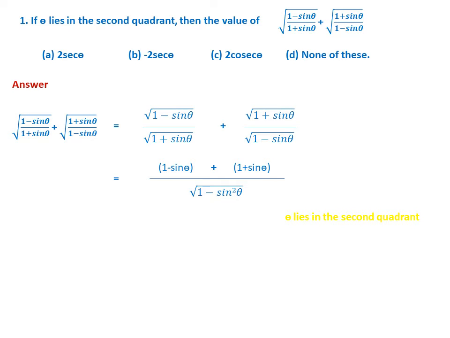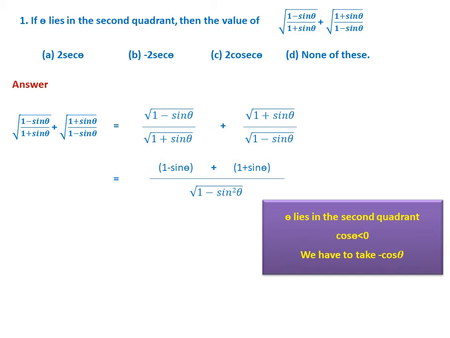Here it should be plus or minus, but whenever you take square root of x square, the rule is it should be mod x. Mod x means it should be positive only. Therefore, you should be very careful. Option A and option B both are probable, but cos theta is negative in the second quadrant.